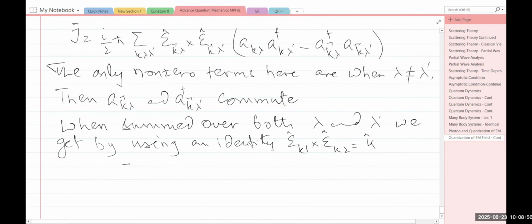And so agar solve karen, so this J vector would be equal to sum over k iota h bar k, which represents the direction of propagation of the wave, times a k1 a k2 dagger minus a k1 dagger a k2 without dagger. Yeah.